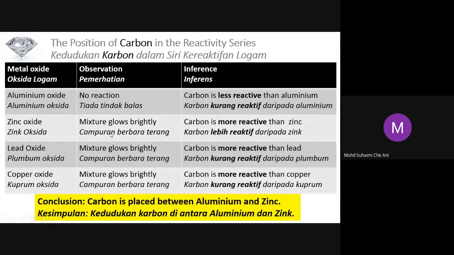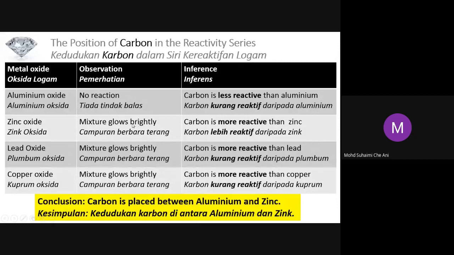But for zinc, lead, and copper oxide, you can see the mixture glows brightly. So it means there is a reaction in zinc, lead, and copper, meaning that carbon is more reactive than those three metals. But carbon cannot steal the oxide from aluminium because aluminium is more reactive than the carbon. Carbon is less reactive than aluminium in this case.